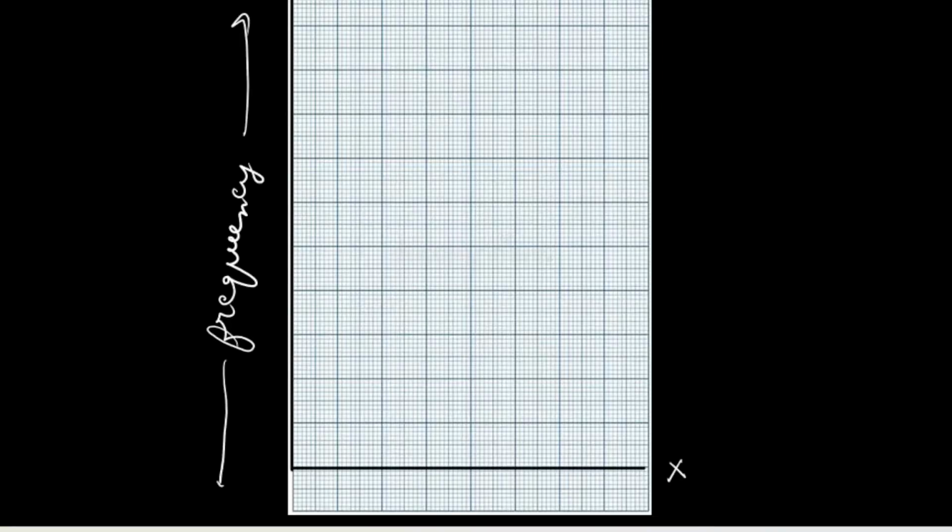Up to 100 we have to write, starting from 0. So 0, 10, 20, 30, 40, 50, 60, 70, 80. I don't have space here, so I'll be just marking along this line. Here 90 will come, and here the point 100 will be there.